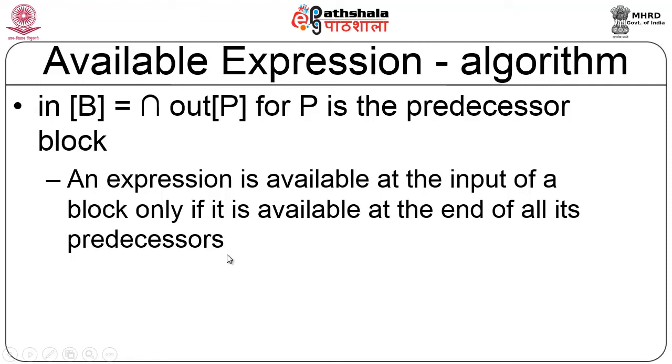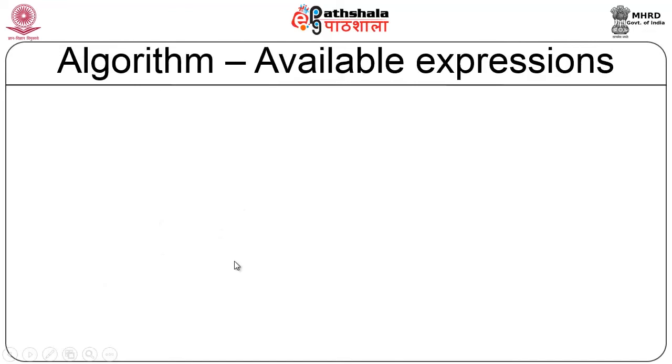So, supposing the same thing is computed at multiple positions and that gets input to a particular block, we say that expression is available for this block only if it is available at the end of all of its predecessors. The assumption here is in of B1 is equal to null, again the same thing which we have already done.